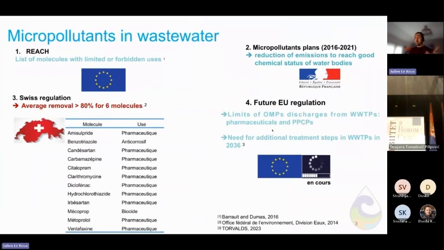Based on this regulation, there is an ongoing regulation in Europe that will apparently be very close to what the Swiss have done. The goal will be to limit the discharge of micropollutants, and it will necessitate adding additional treatment in wastewater treatment plants in a few years. So that's the context. We will probably get there soon in Europe.